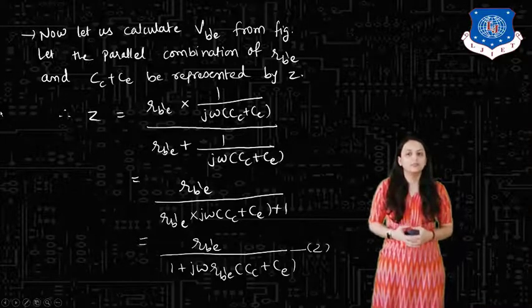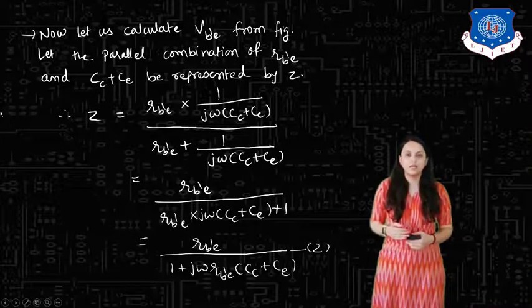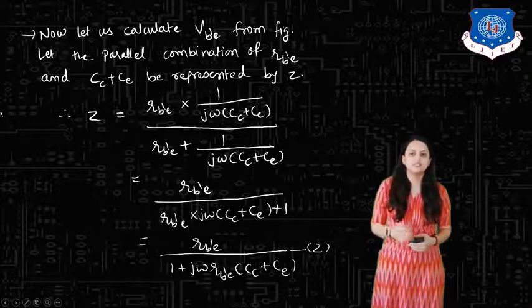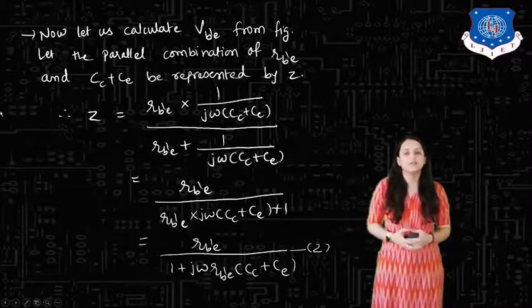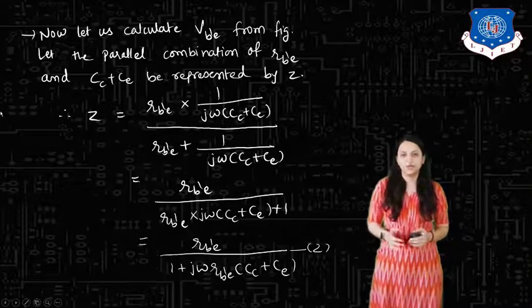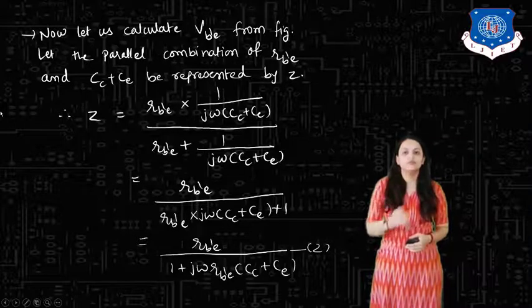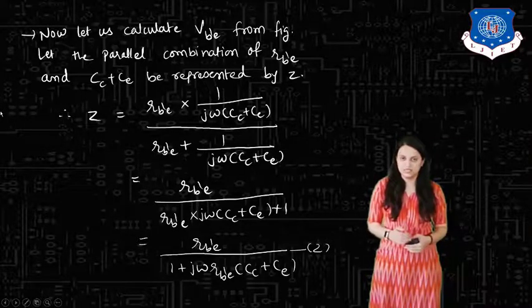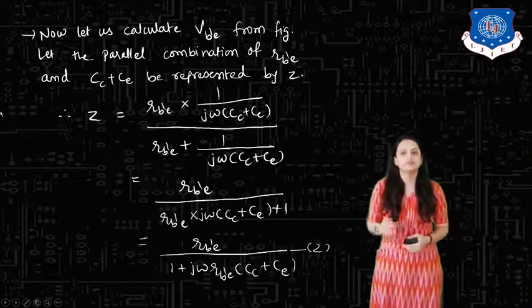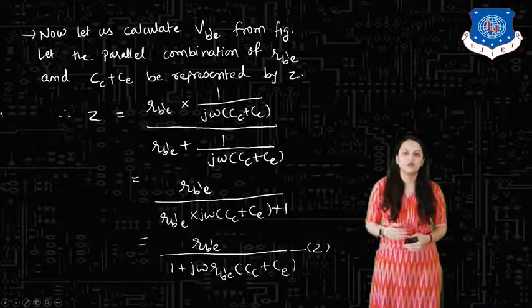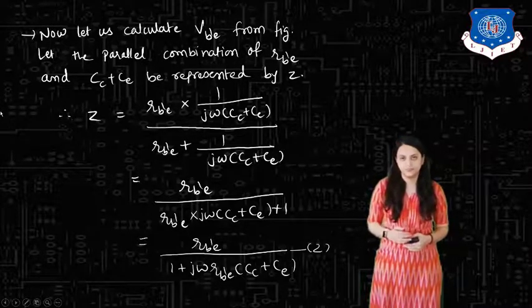So let us take the parallel combination of RB'E and Cc plus Ce represented by Z. So we can say that Z is given as the parallel combination of that. That means RB'E into 1 upon j omega (Cc plus Ce) divided by RB'E plus 1 upon j omega (Cc plus Ce).